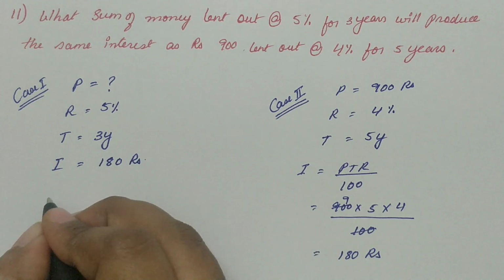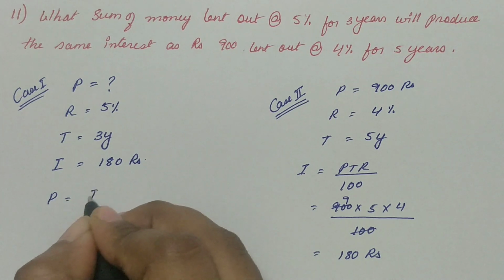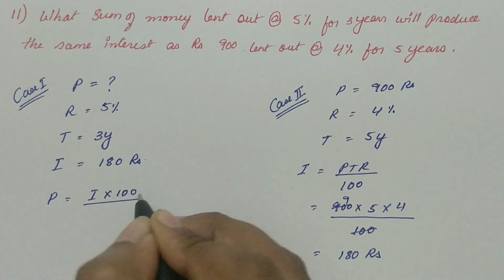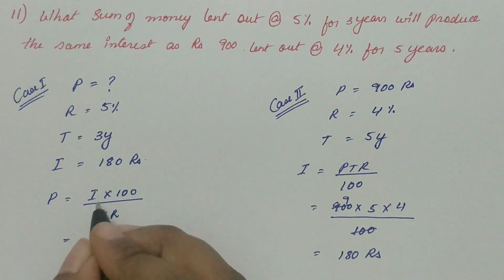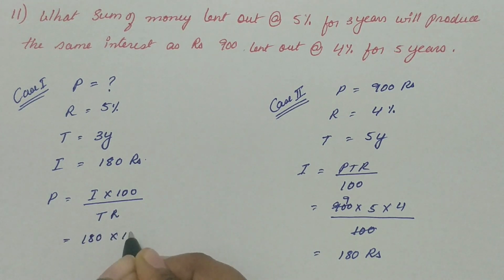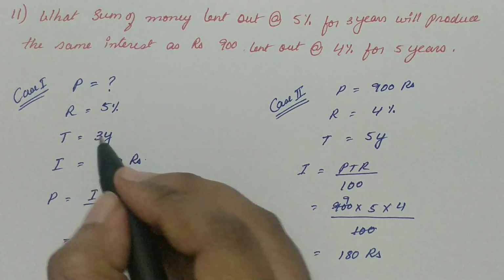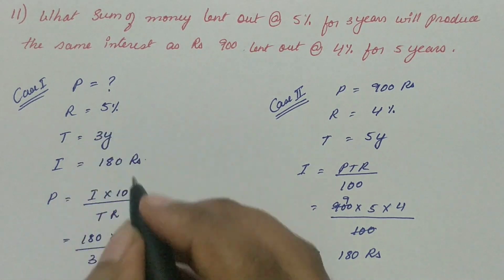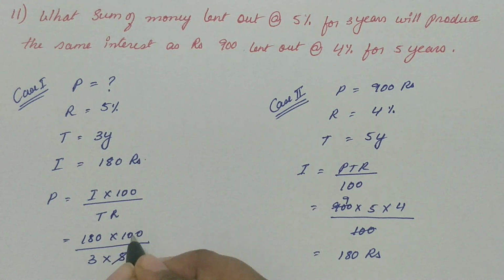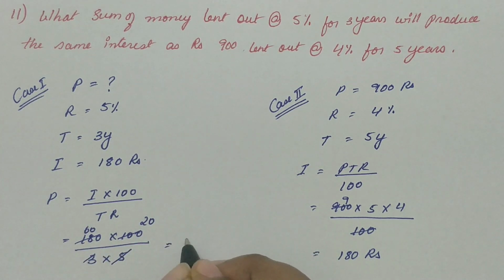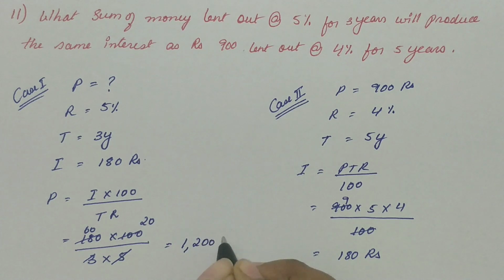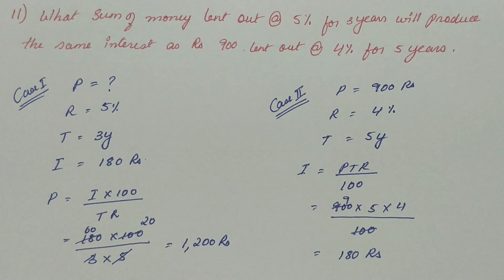From this we can find P equals I into 100 divided by TR equals 180 into 100 divided by 3 into 5. 5 times 20, 3 times 60. 60 into 20 equals 1200 rupees. Therefore, principal equals 1200 rupees.